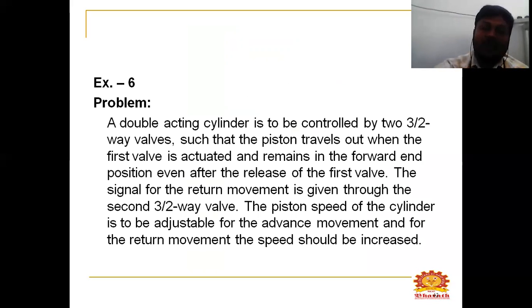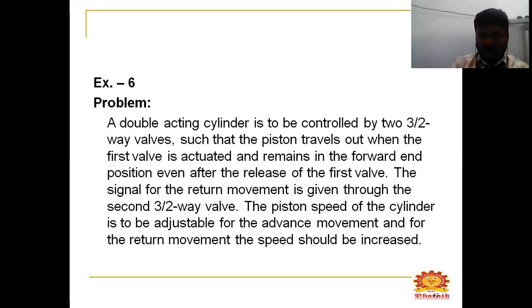What is the requirement in this problem? First, just note it down. A double acting cylinder, you have to use a double acting cylinder, is to be controlled by a 3x2 valve, such that the piston travels out with the first valve.